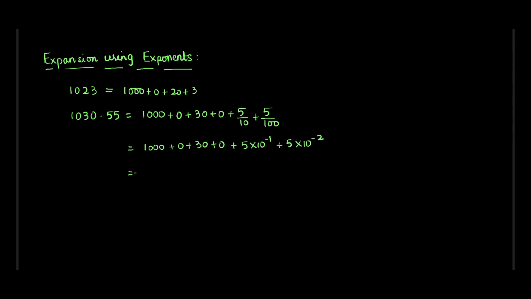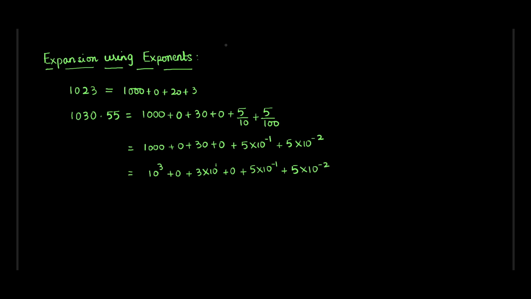Then 1000 can be written as 10 to the power 3 plus 0. 30 can be written as 3 into 10 to the power 1 plus 0 plus 5 into 10 to the power minus 1 plus 5 into 10 to the power minus 2. So this will be the way of expanding a given number in case of exponents.